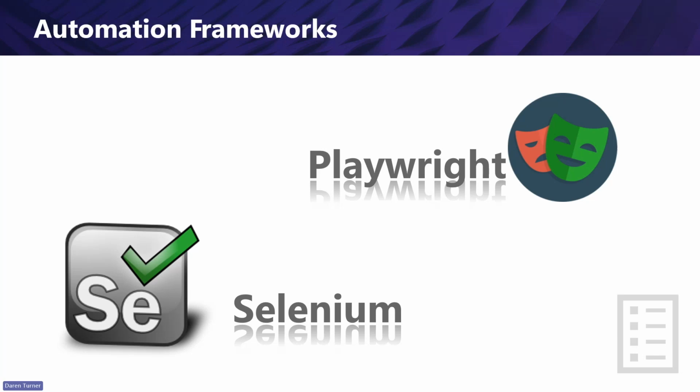But there's a large community out there that have used Selenium and have a number of resources that you can go and refer to if you're having issues. So it's not a Microsoft framework, but it has been out there, and definitely a large community with that. And it's also the framework that a lot of the third-party tools use. So under the hood of those third-party testing suites, Selenium is going to be the engine.